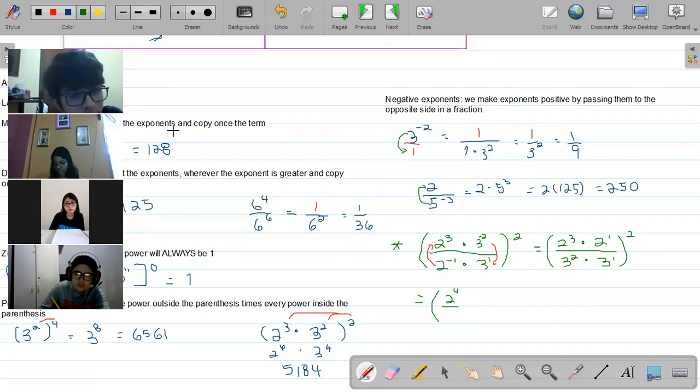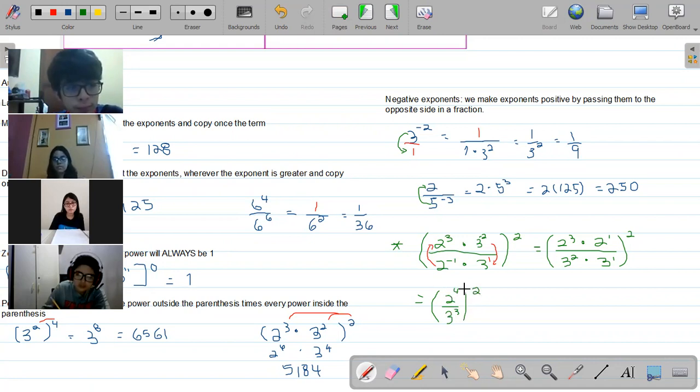Remember, same bases, I add. So 3 plus 1 is 4. And then at the bottom, I got 3 to the what power? The 3rd power. To the 3rd power. And everything goes to the square.